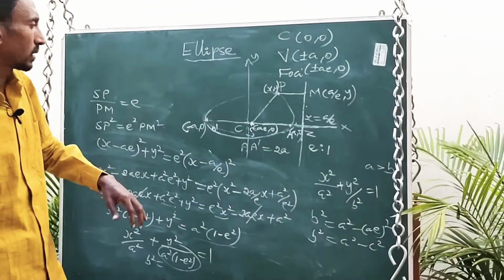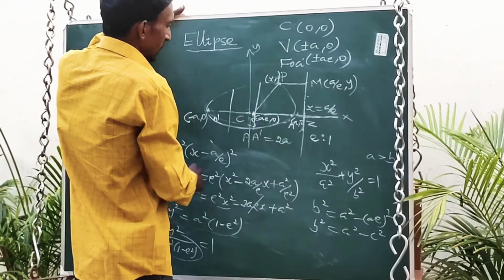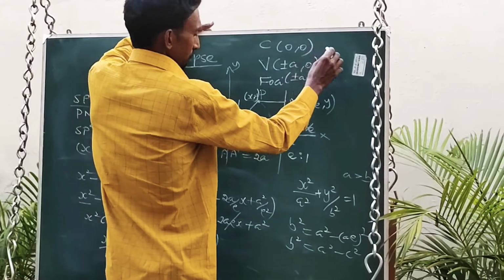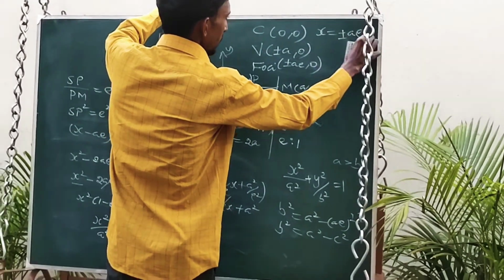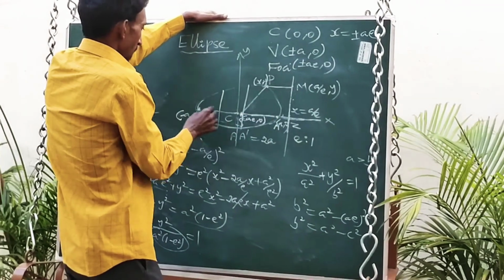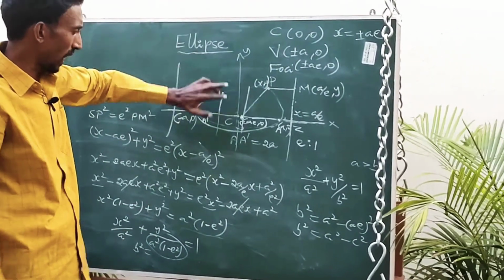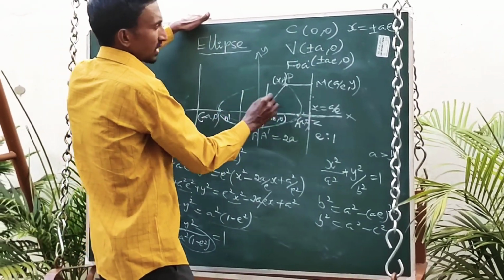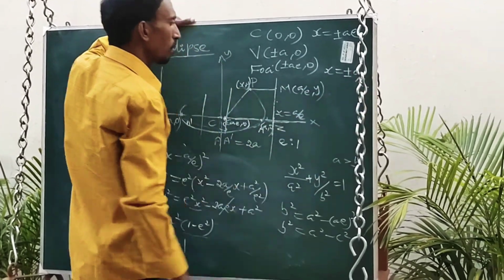These are the points. And like parabola, here also we have latus rectums. So the equation of the latus rectum is x equal to plus or minus ae, and this side also we have one more directrix. So we have two directrices and two latus rectums, and the equation of the directrices is x equal to plus or minus a by e.